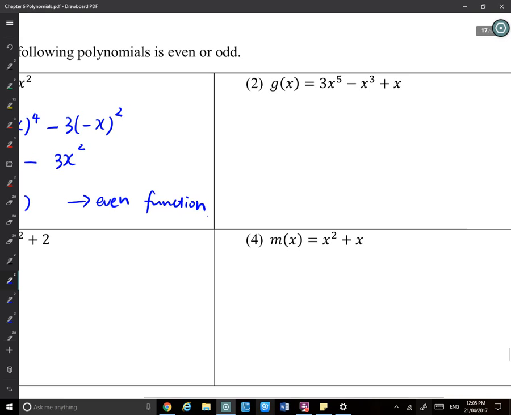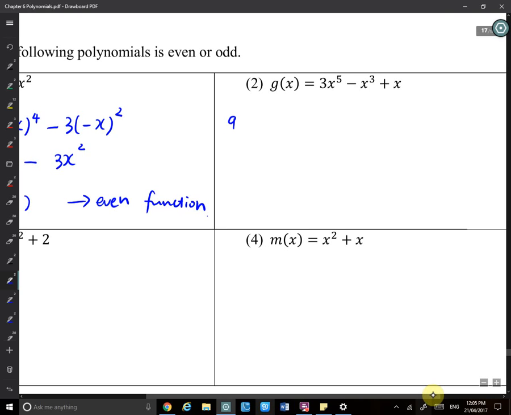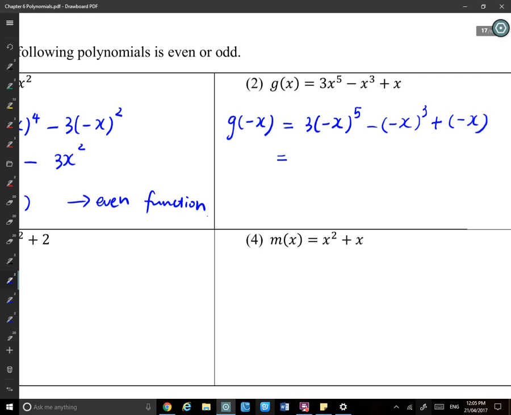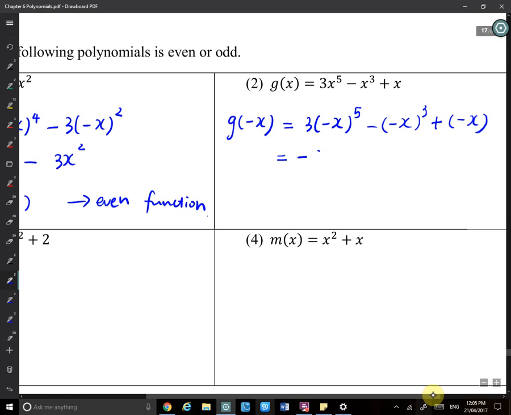Okay, the next one. You're still interested in what this negative x gives you. Then g(-x) equals 3(-x) to the power of 5 minus (-x) to the power of 3 plus (-x). Negative x to the power of 5 is negative, so it's negative 3x to the power of 5.